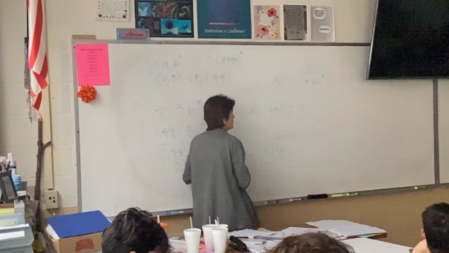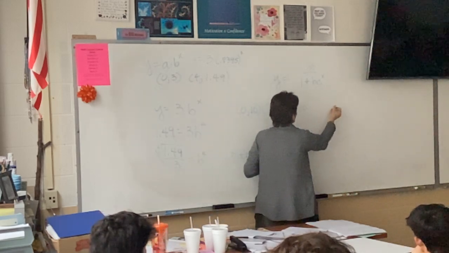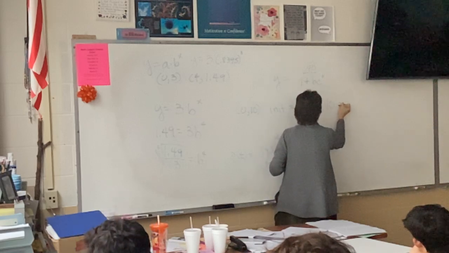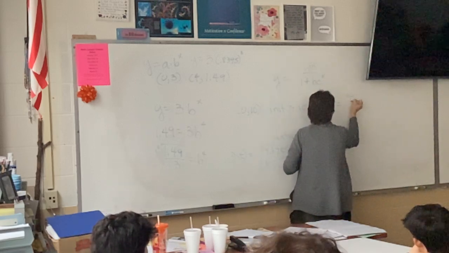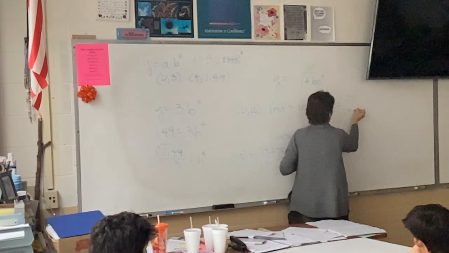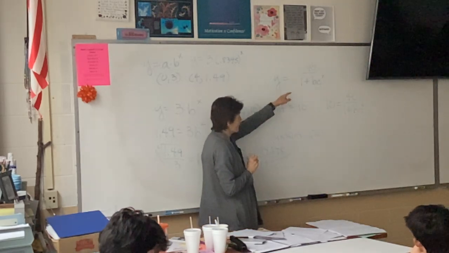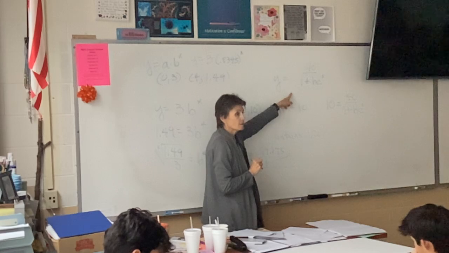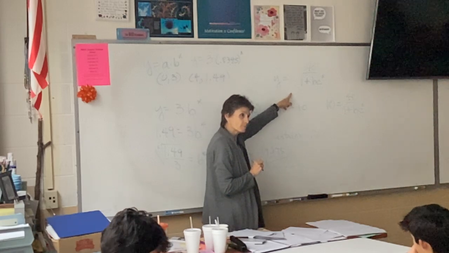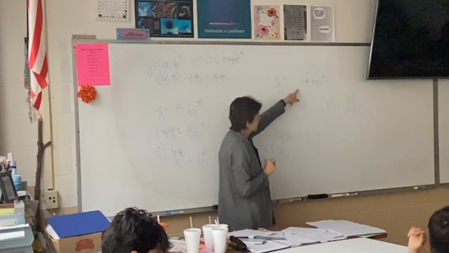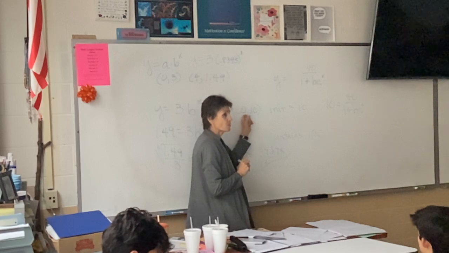So I'm going to come over here to my equation. 10 equals 40 over 1 plus b c to the 0. I'm taking my equation right there, and I'm plugging in 0, 10.